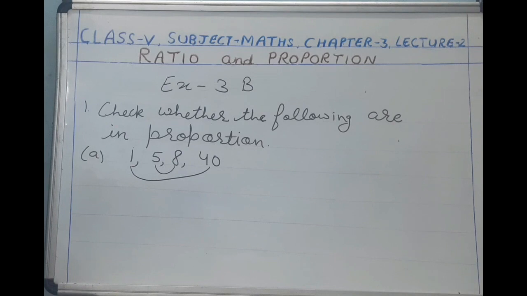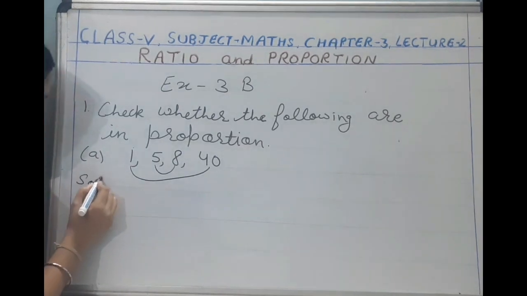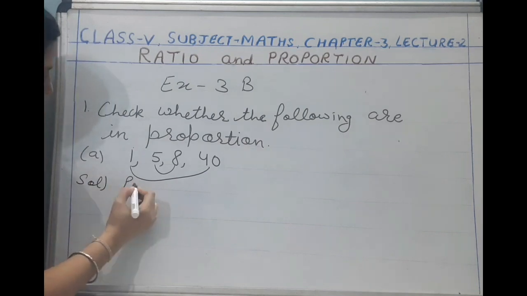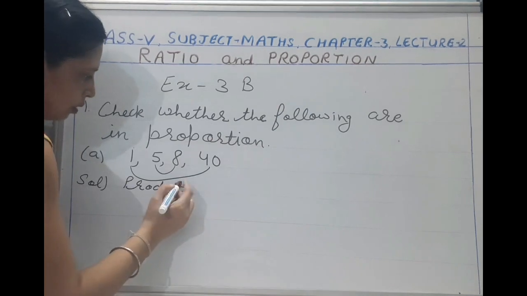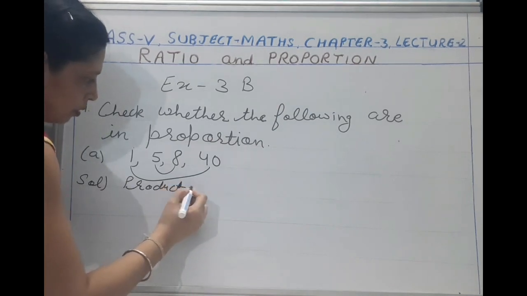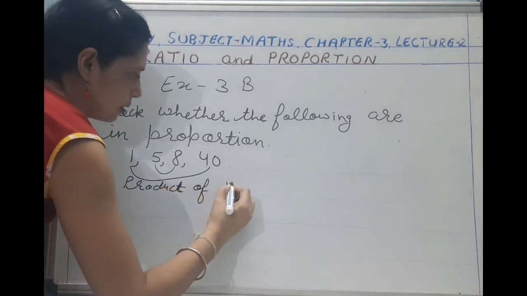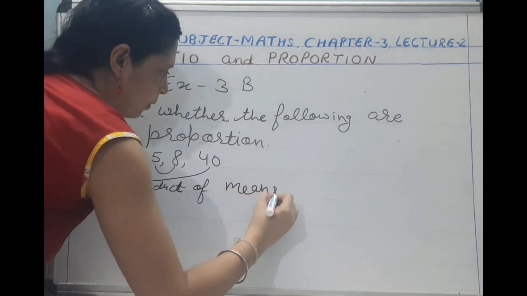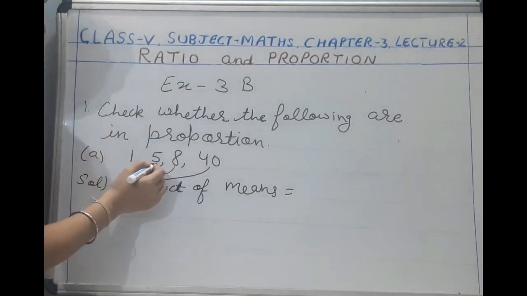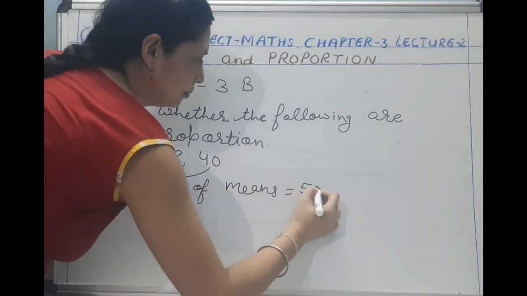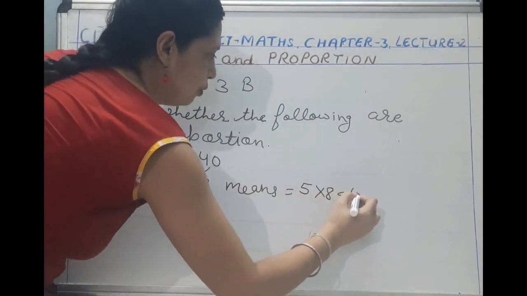Okay. So now first of all we will find out product of means. There is no problem if you are writing means first, extremes later, or extremes first, means later. Product of means 5 into 8 is equal to 40.